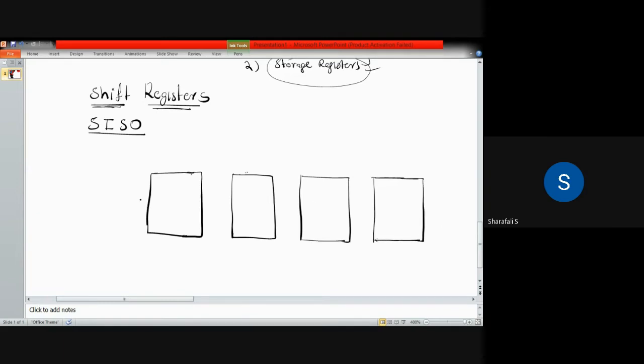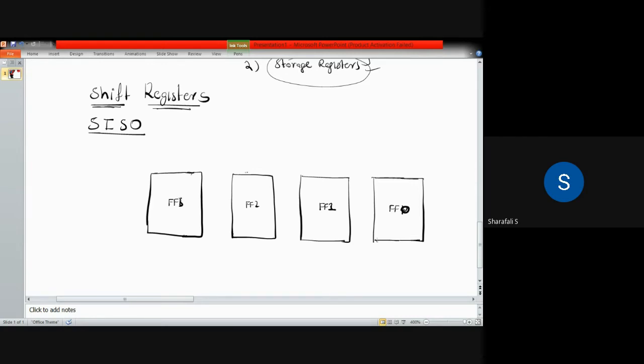So this is my flip-flop 1, flip-flop 2, flip-flop 3, flip-flop 4. Or you can take it in the reverse way, as 3, 2, 1, and this one is 0.